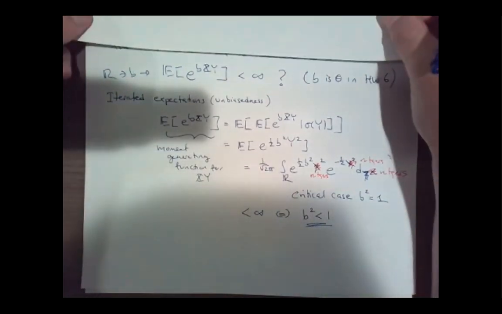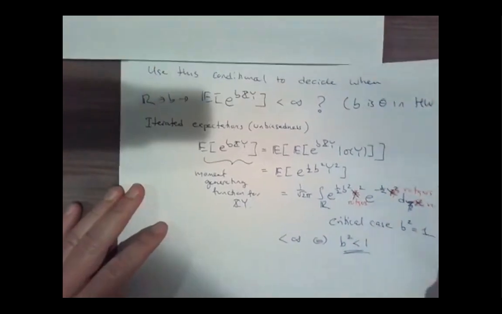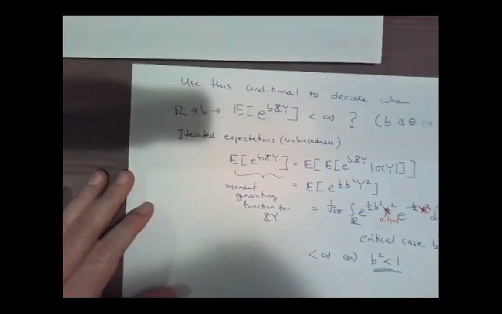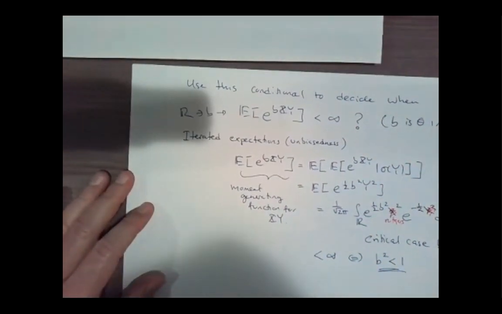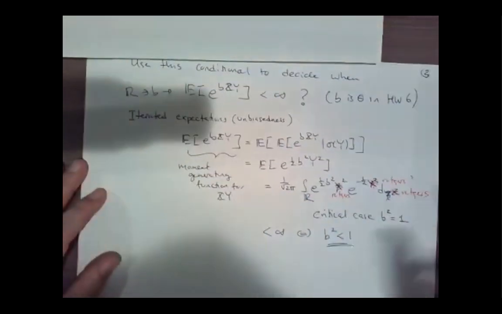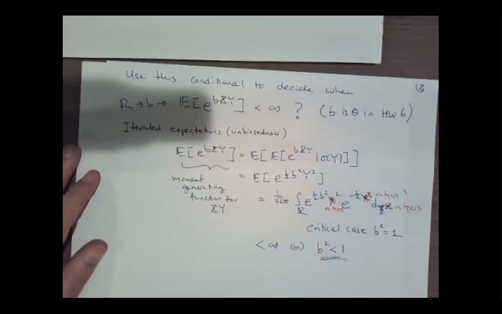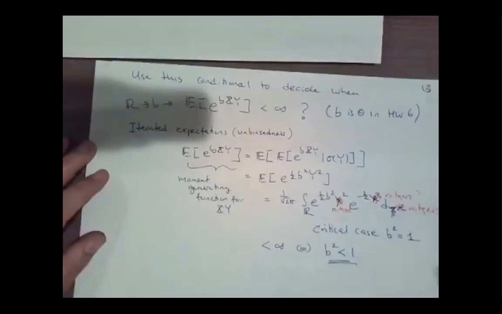This independence lemma plays a pretty big role in this course, and it's also going to play a role when we move away from discrete time and into the second half of the course.